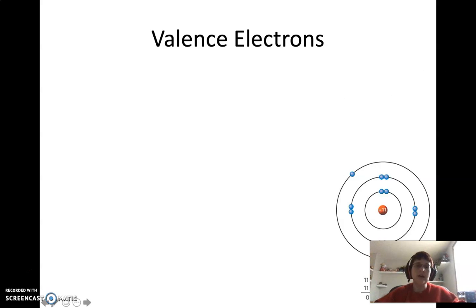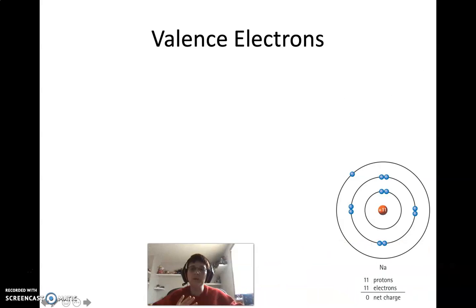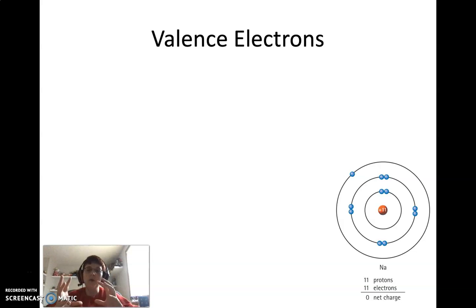If you're having a hard time picturing what I'm talking about, or forgot what we were looking at in the last chapter, here's what I mean. Here's that first shell that can hold 2 electrons. Here's the second shell with the 8. And here is that third shell, because we're looking at sodium, with the 1 lonely electron.